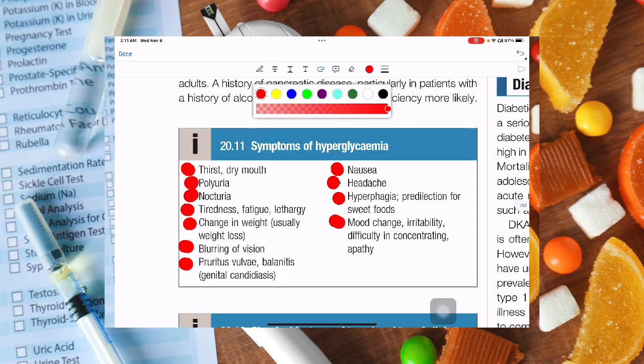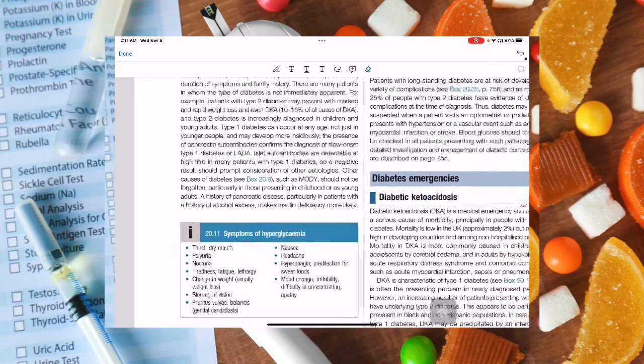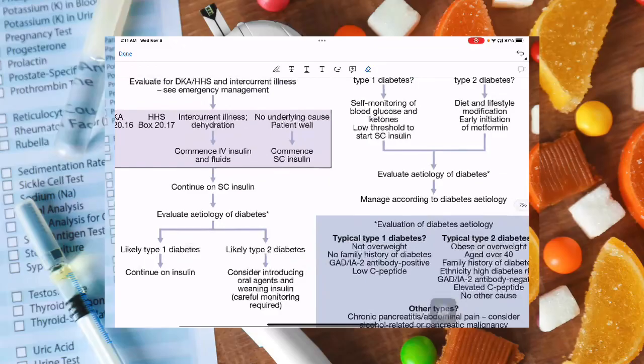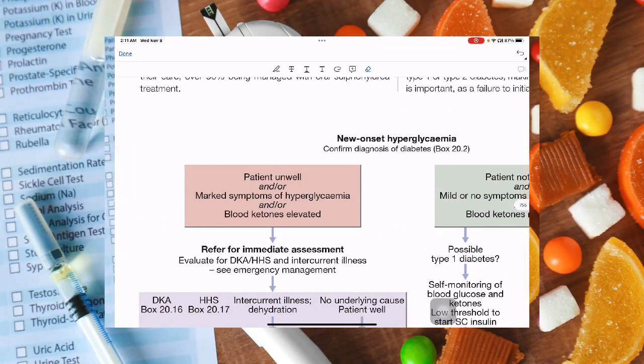So after that we should go again to the chart. If the patient is in group 2, that is, the patient is unwell, with marked symptoms of hyperglycemia and elevated ketone bodies, resuscitation of the patient is the first priority.